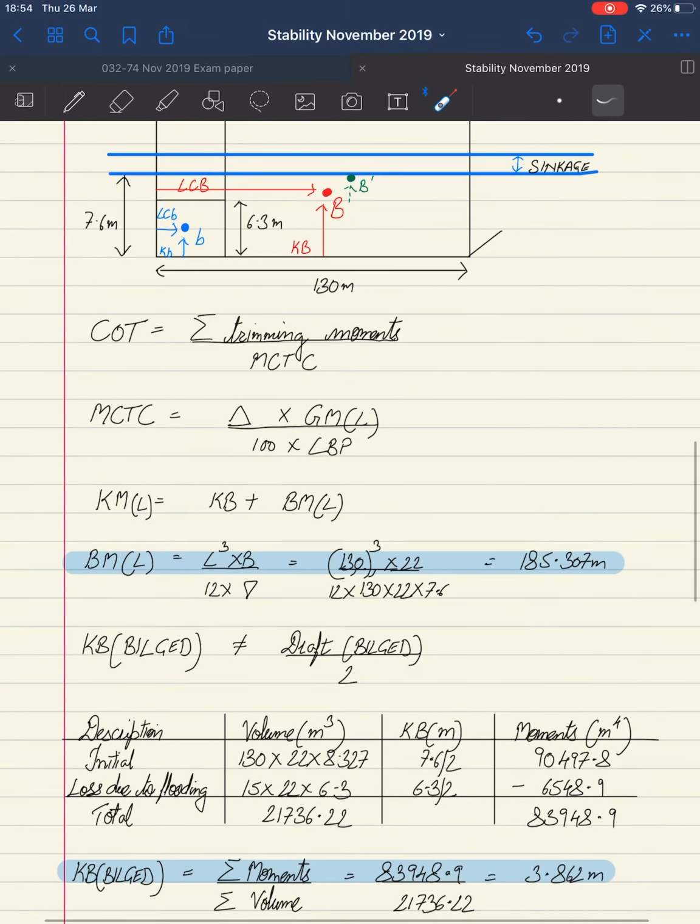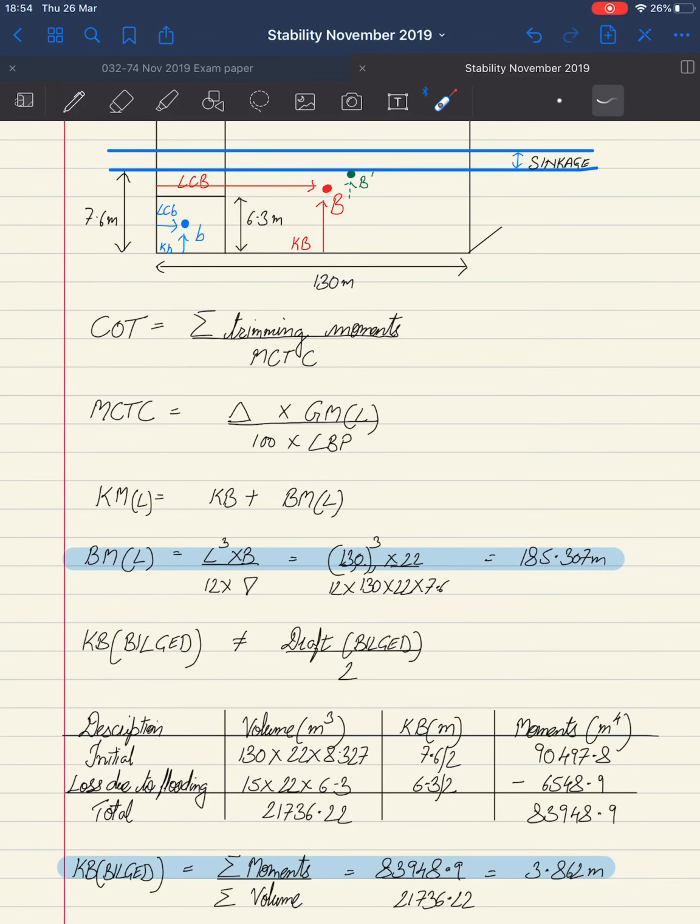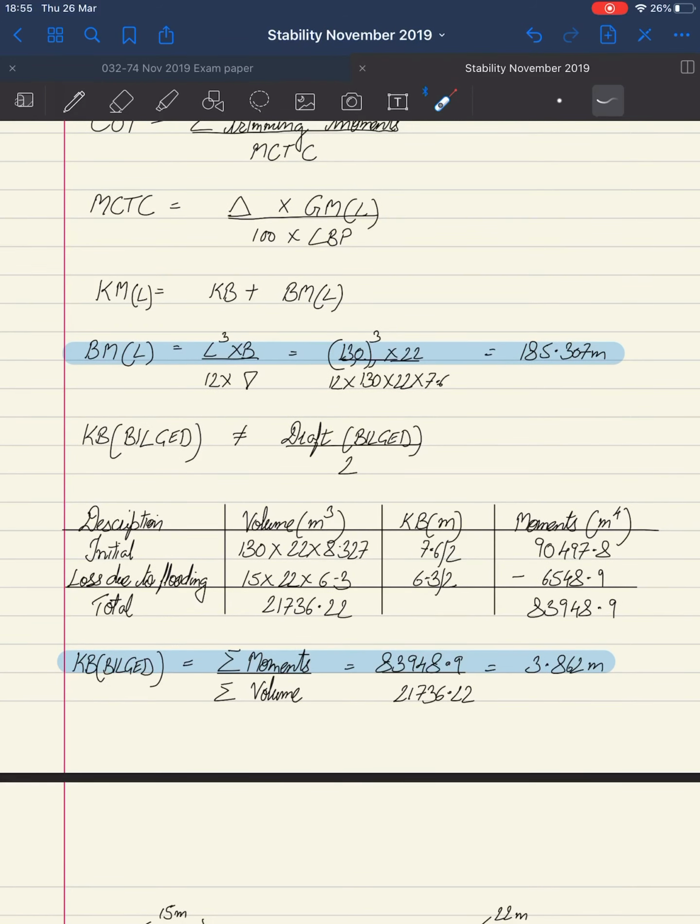So the height of the compartment was 6.3 meters; half of 6.3 would be the KB of the compartment. The moments would be taken off from this value, and the volume of the flooded compartment would be taken off from the volume of the bilged vessel.